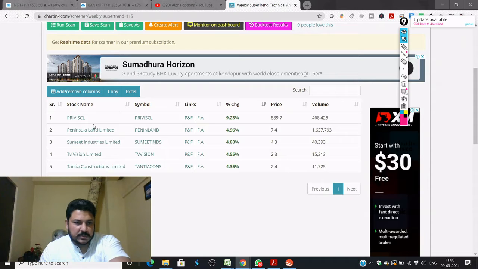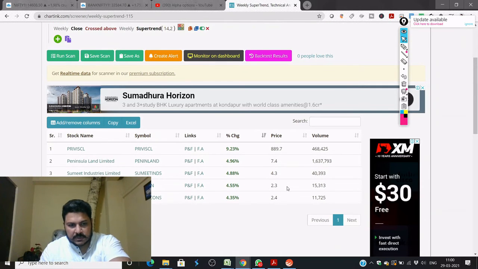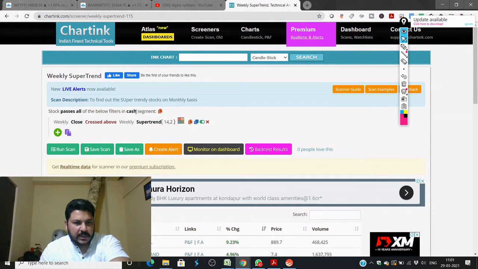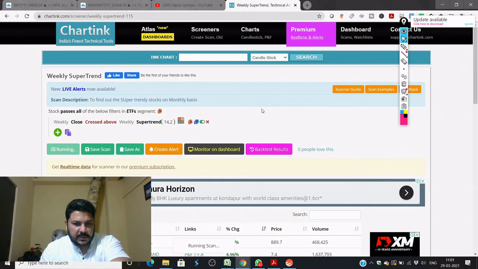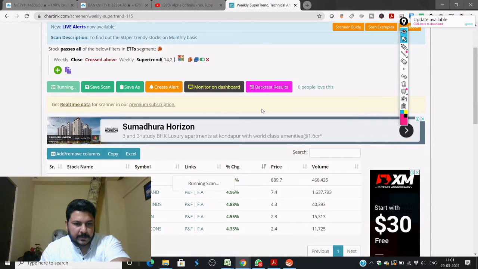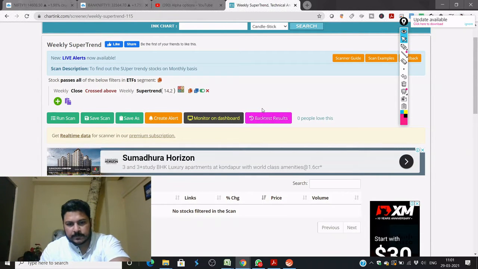In cash, we have these many stocks appearing above the super trend, but I wouldn't suggest you go for these stocks. These are pretty risky stocks. So usually I always go for futures. And any ETFs appearing? Let's see. No ETFs.